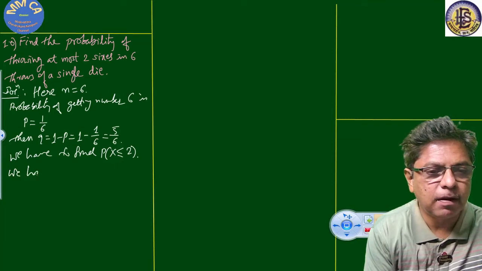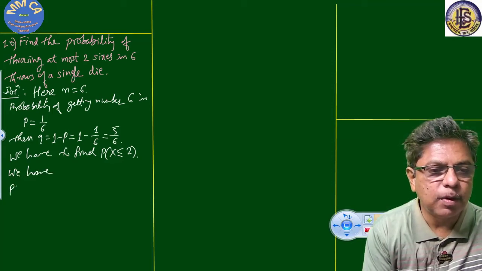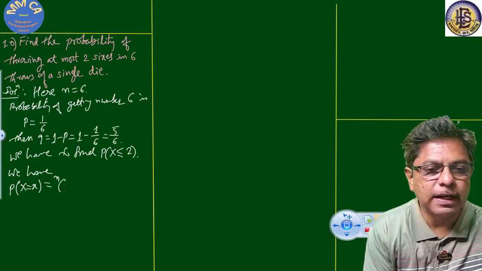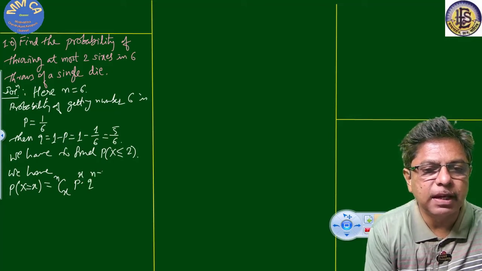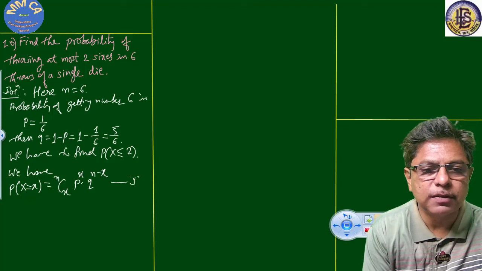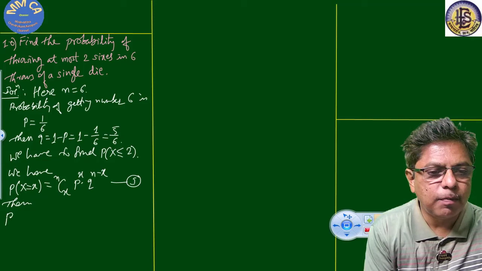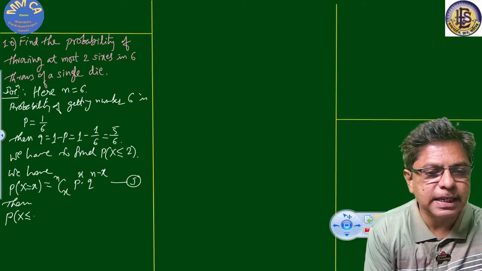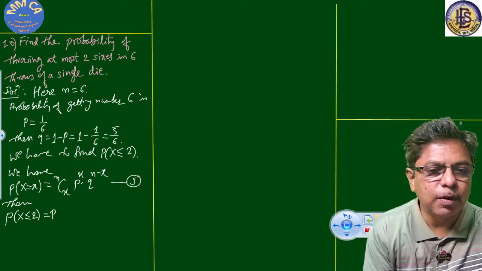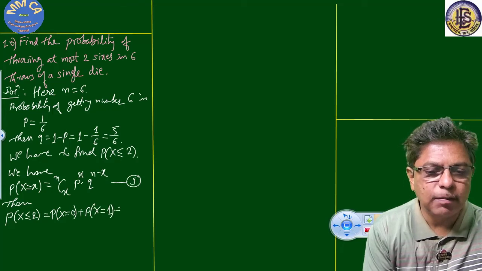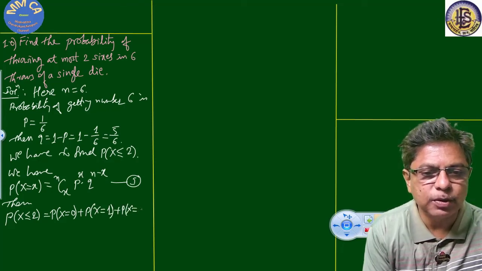We have probability of X is equal to x, we'll write the formula here. It is nCx p raised to x into q raised to n minus x. I'll call this first. Then probability of capital X is less than or equal to 2 is probability of X is equal to 0 plus probability of X is equal to 1 plus probability of X is equal to 2.